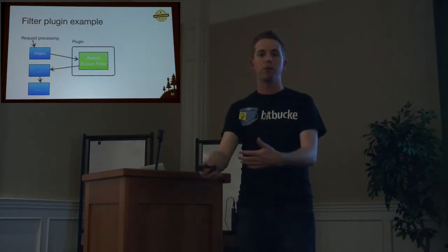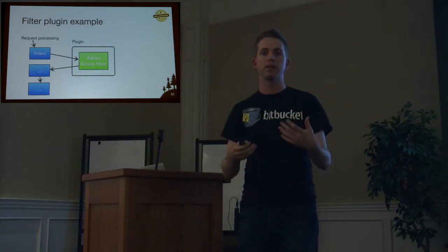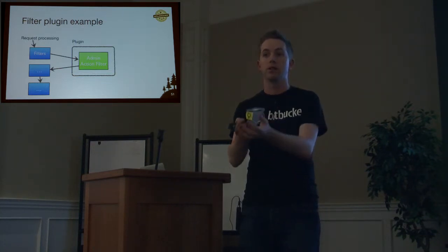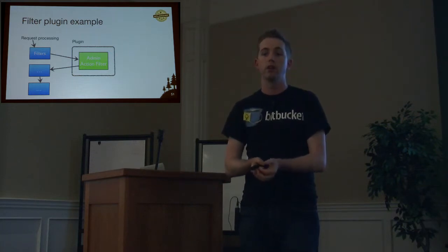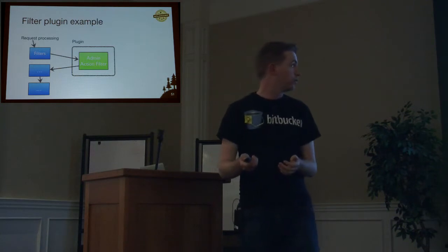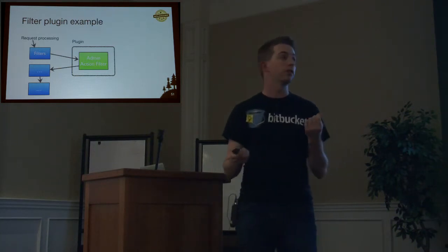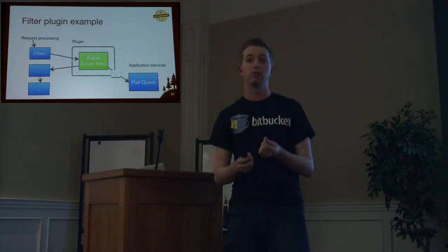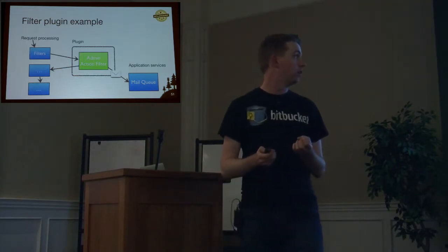They can do additional operations when the request comes in, and they have access to all the request's information as well: the parameters, the type of request, the URL it's going to. It could change those if it wanted to. So what we're going to do with our admin action filter is just send an email off whenever we see an admin action triggered inside the app.